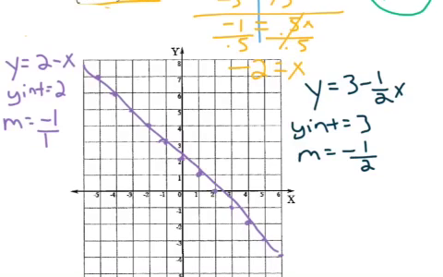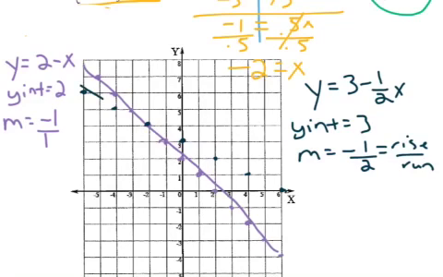So the first thing I'm going to do is plot my y-intercept at positive 3, and then I'm going to use my rise and my run. So for my y-intercept, I'm going to go down 1, right 2, and plot it. Down 1, right 2, and so forth. Remember, the opposite of going down 1, right 2 would be going up 1, left 2. Plot it. Up 1, left 2.